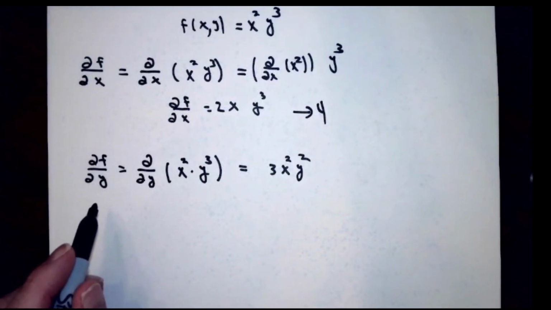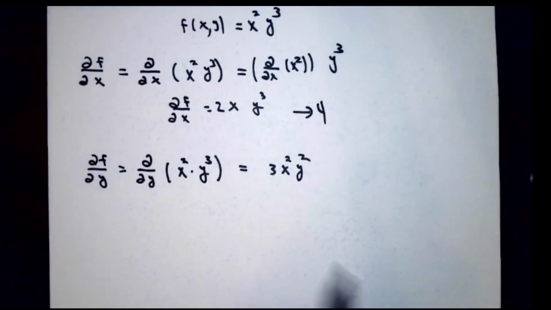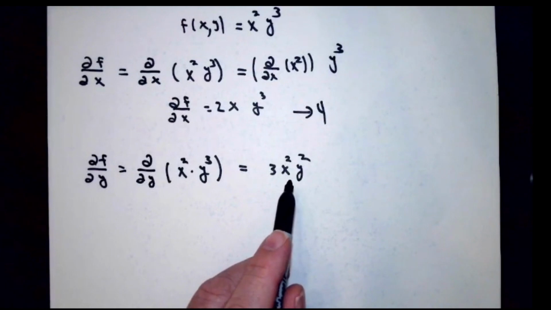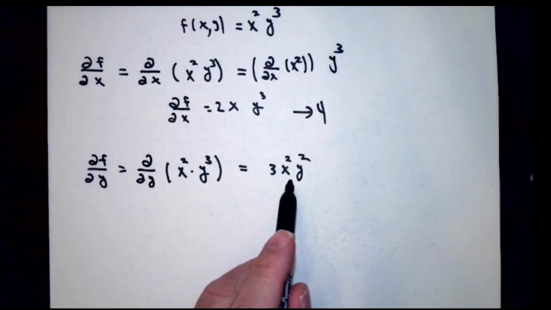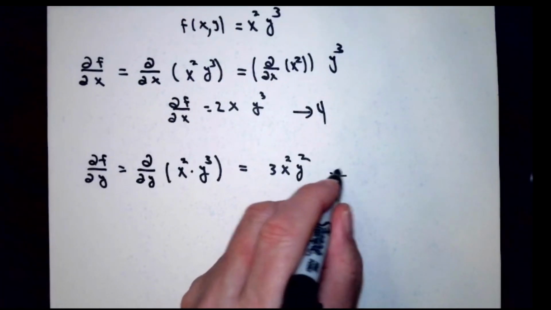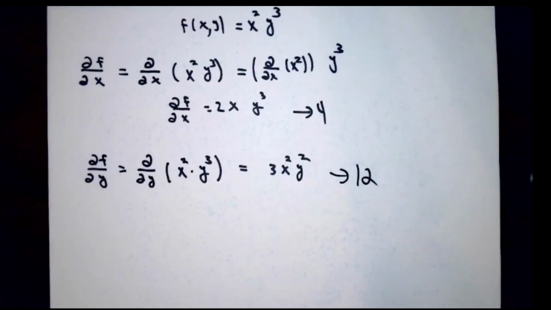Partial of f with respect to y at the point where x is 2 and y is 1: 3 times 2 squared times 1 squared, 3 times 4 times 1 gives me 12, and this is the result that we got previously.